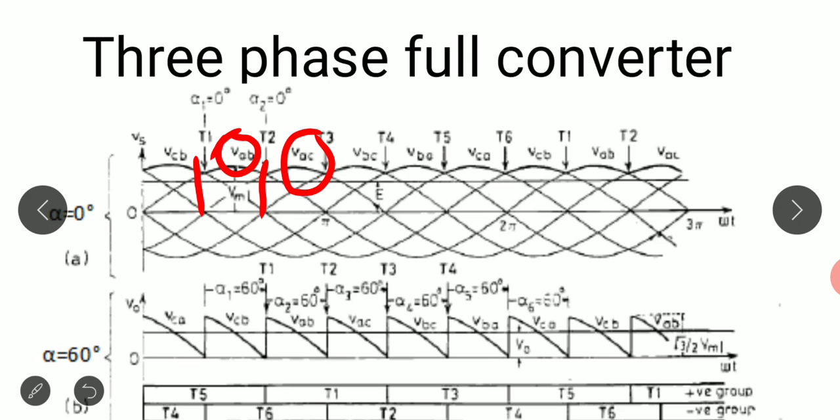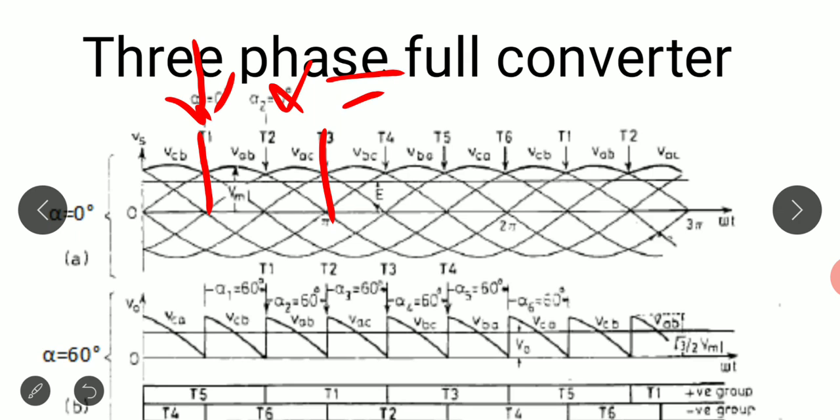So, in totality, thyristor T1 can conduct from this interval to this interval. This is the minimum firing angle for thyristor T1. This becomes alpha is equal to 0 degree for thyristor T1.